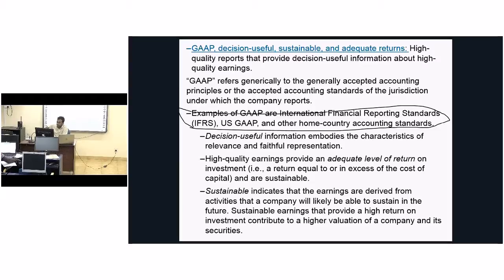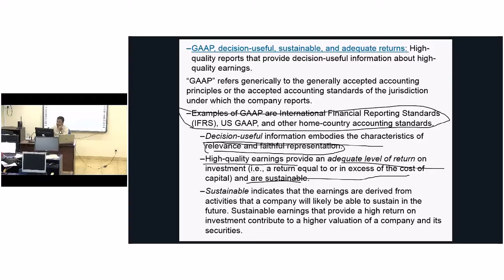There are three terms there. Decision useful: what do you mean by decision useful information? It means it embodies characteristics of relevance and faithful representation. Second one, high quality earnings provide an adequate level of return and it should be sustainable. To say high quality earnings, there are two conditions to be satisfied. What are those? You should have adequate return, meaning it should equal or be in excess of cost of capital.